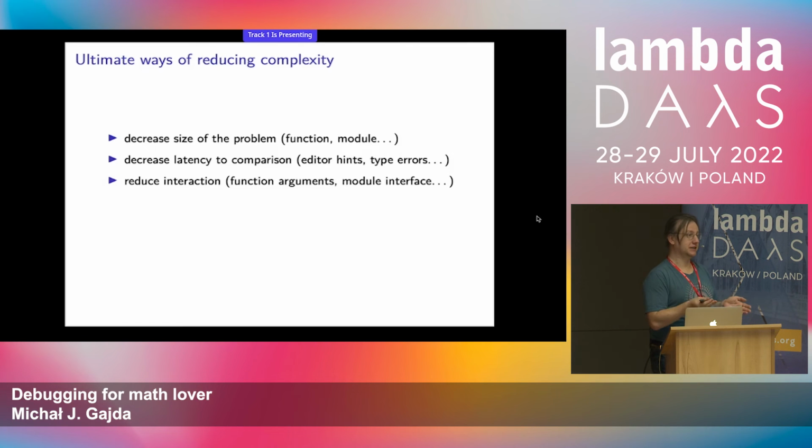And reduce interaction, because the more interactions you have, you basically have this intractable problem of too many dependencies. And it applies to function arguments. So there is also cognitive research that says that we can remember between 3 to 9 items in our operational memory.